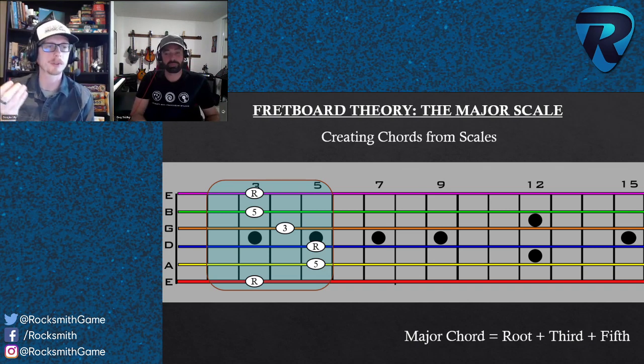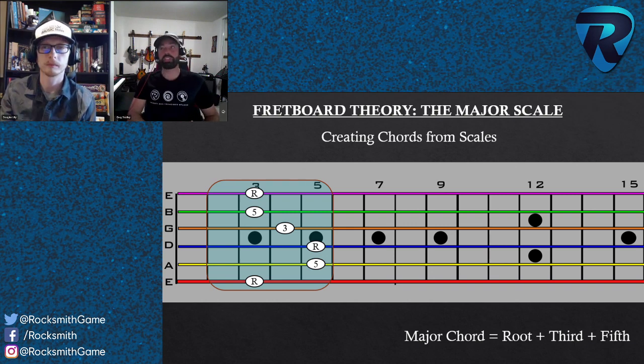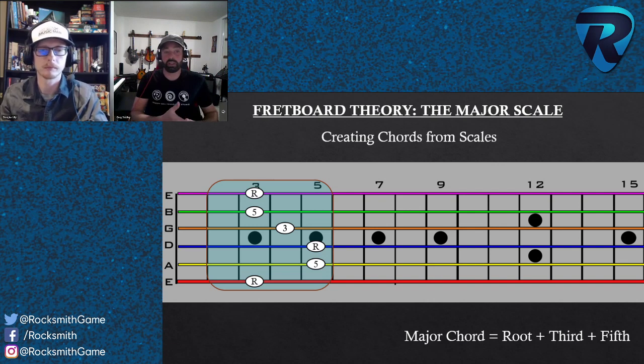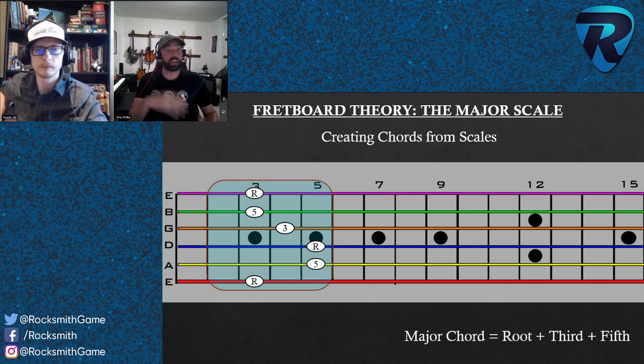But he says it's always the root and third and fifth for major chords specifically. That is correct. As we said, if any of those notes are manipulated, then the chord changes. So the prime example is, let's say you had a root and you had a fifth, but no third.